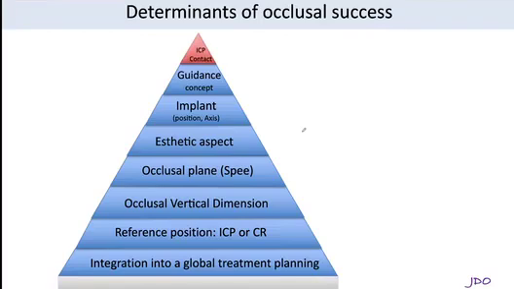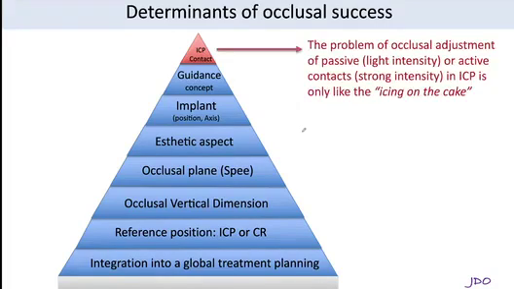It is not so important concerning the occlusal success, and we discuss it from 30 microns, which is not very significant. The problem of occlusal adjustment of passive light intensity or active contact, strong intensity in ICP, is only like icing on the cake.